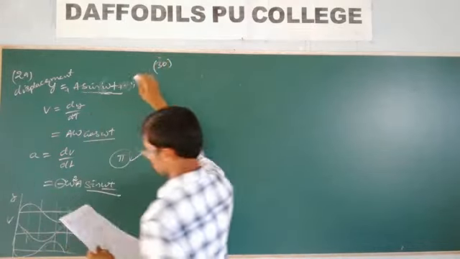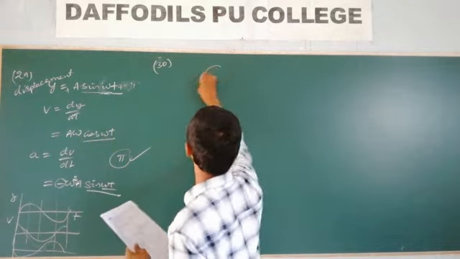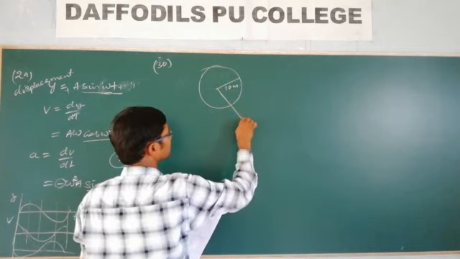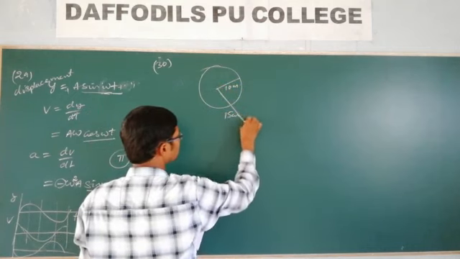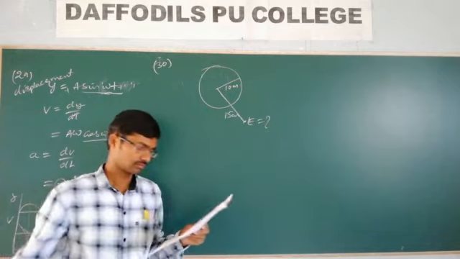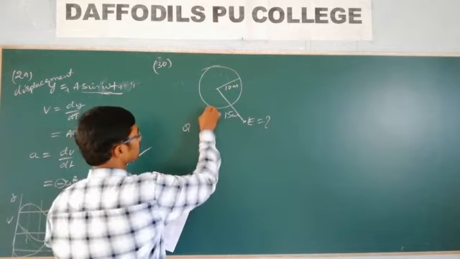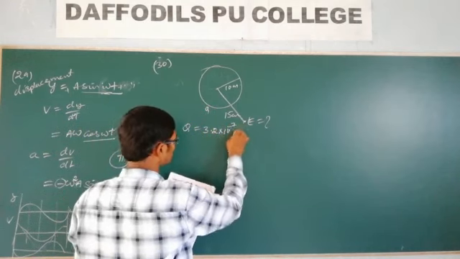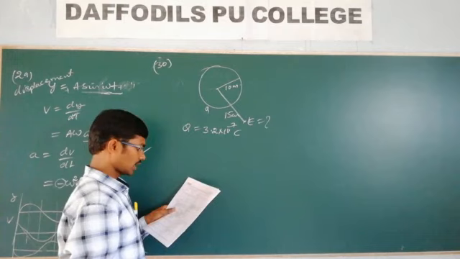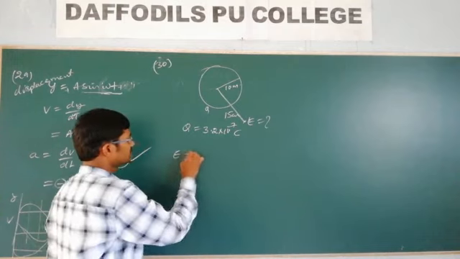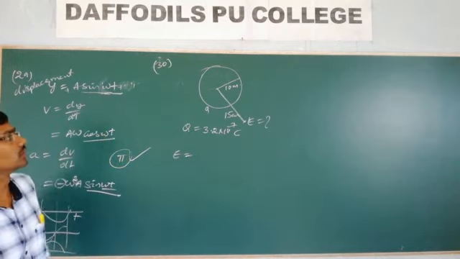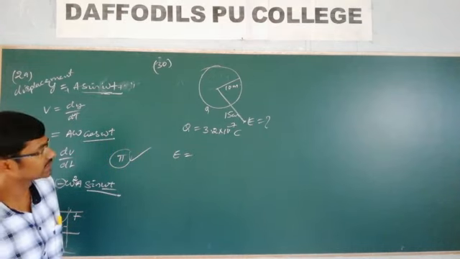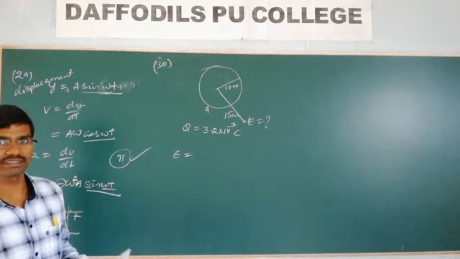A spherical conductor of radius 10 cm has a charge given, and what is the magnitude of electric field at a point 15 cm from the center of the sphere? We have a sphere of radius 10 cm, but at a distance of 15 cm we are asked to find the electric field, and the charge distributed is 3.2 into 10 power minus 7 coulomb.